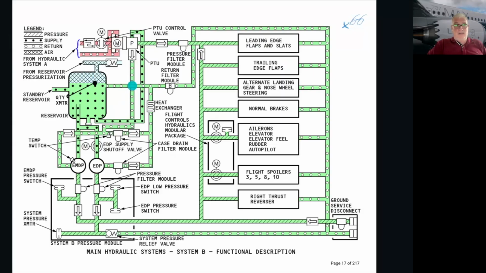The supply goes to the engine driven pump and the electrical motor driven pump, and from there we get the 3000 psi out in the system B pressure module, or the manifold as you want to call it, where it gets monitored for pressure, and then gets sent to the different users.